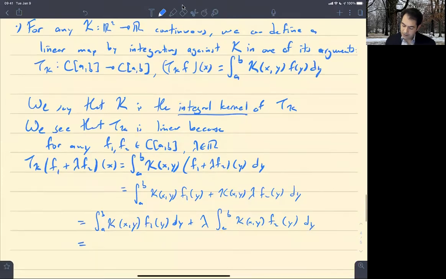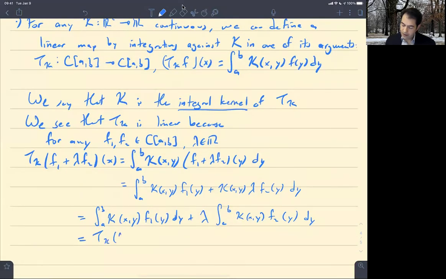And that's exactly T sub k of f1 at x plus lambda times T sub k of f2 evaluated at x, which shows that it's linear.